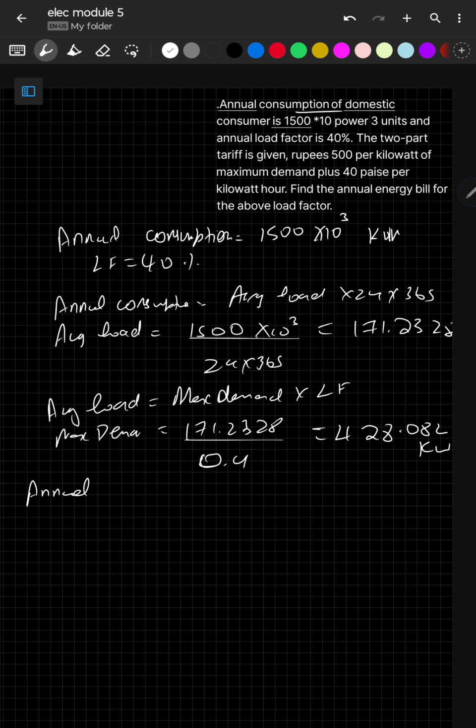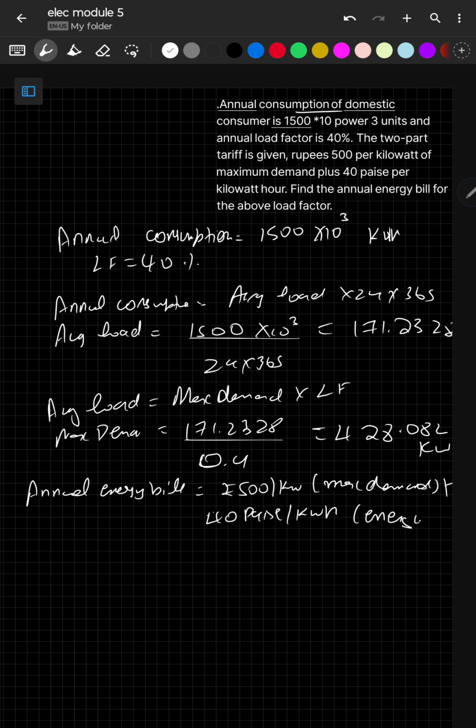Now apply that. Annual energy bill is equal to rupees 500 per kilowatt of maximum demand plus 40 paise per kilowatt hour of energy consumed, I will write.